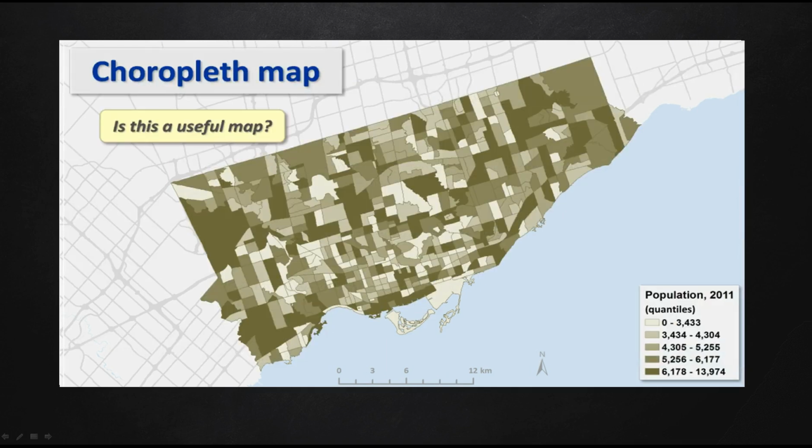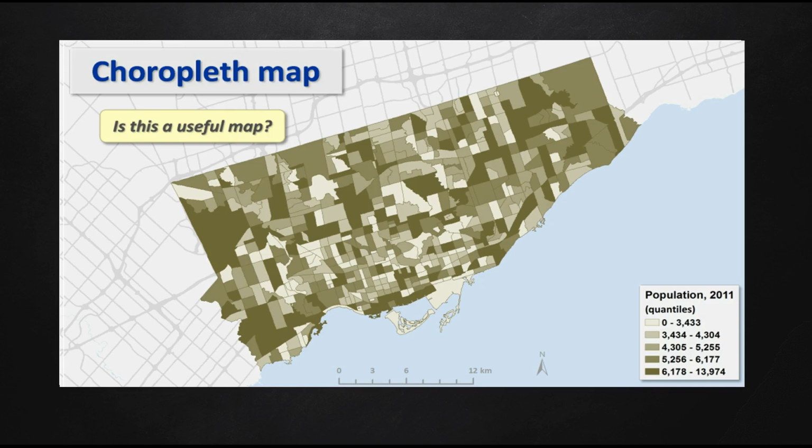So here we can make a choropleth map, and we are showing the population, the number of people. So the darker the area, the more people. The lighter shaded areas, there are fewer people. So is this map of any use? Not really. Basically, you're just mapping the total or raw number of people, which you don't want to do.